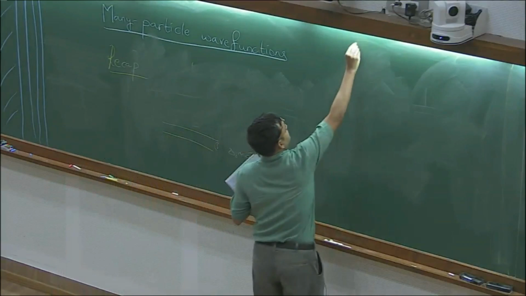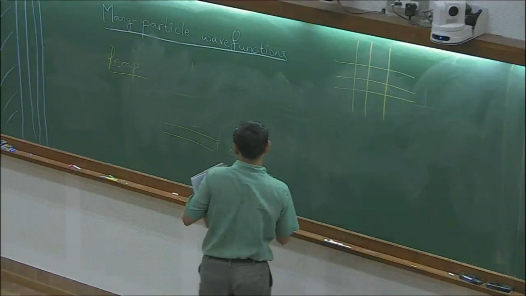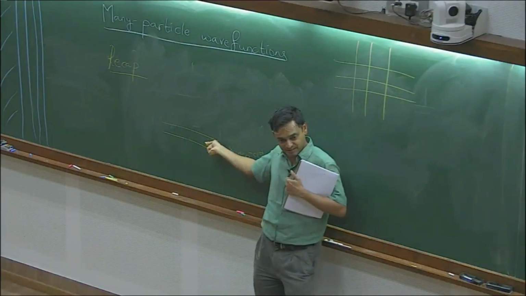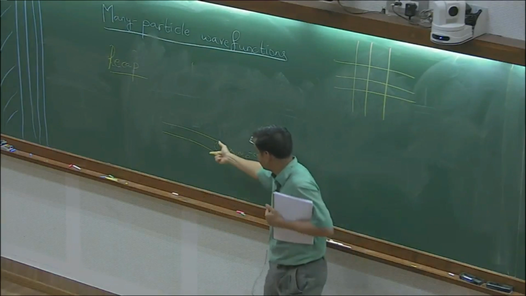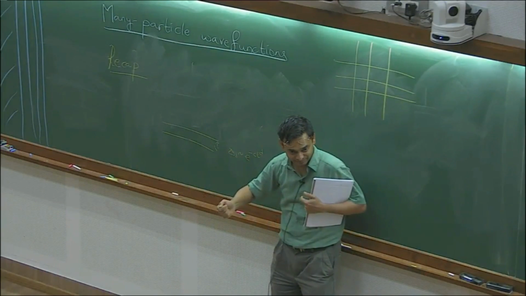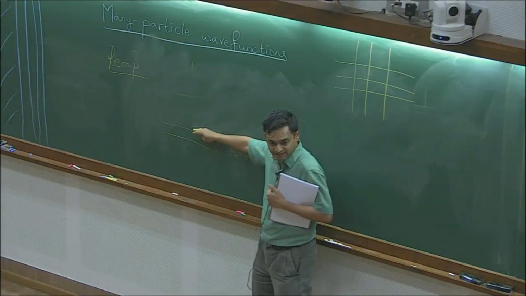So let's draw a 2-dimensional lattice. Remember that this gap is collapsing, which means that in the thermodynamic limit, we are allowed to work with wave packets, not exact eigenstates. The wave packet we make is this eigenstate plus this eigenstate, divided by root 2.